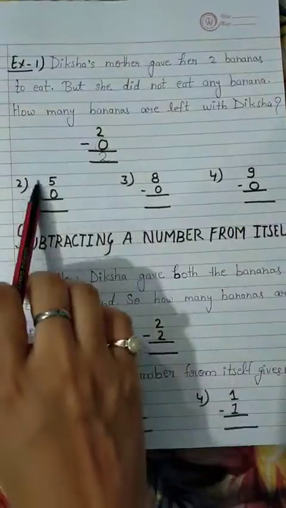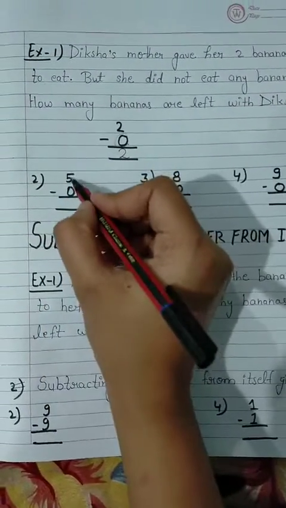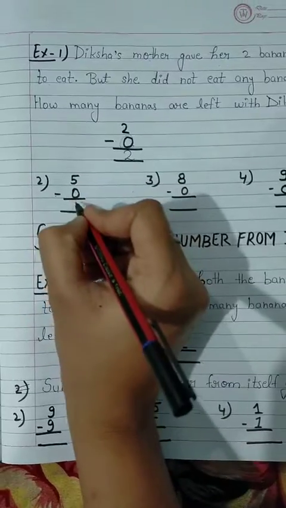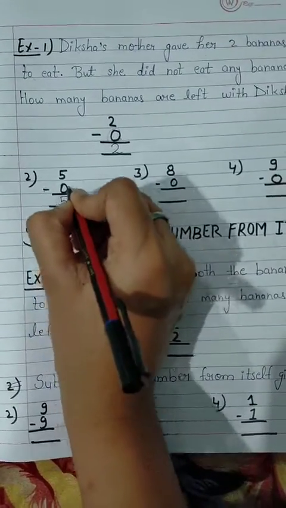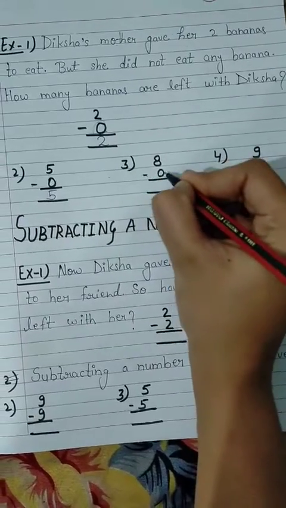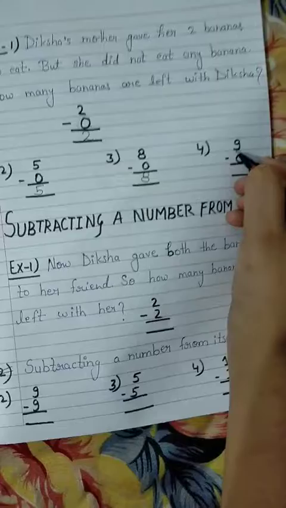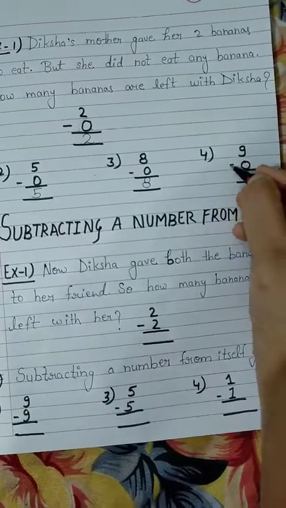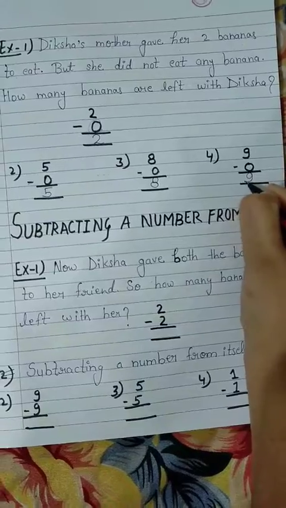Now students, see some more examples of subtracting 0. So 5 minus 0 is equal to 5 because 0 has no value. Now 8 minus 0 is equal to 8. Now example number 4 is 9 minus 0 is equal to 9. Very good.